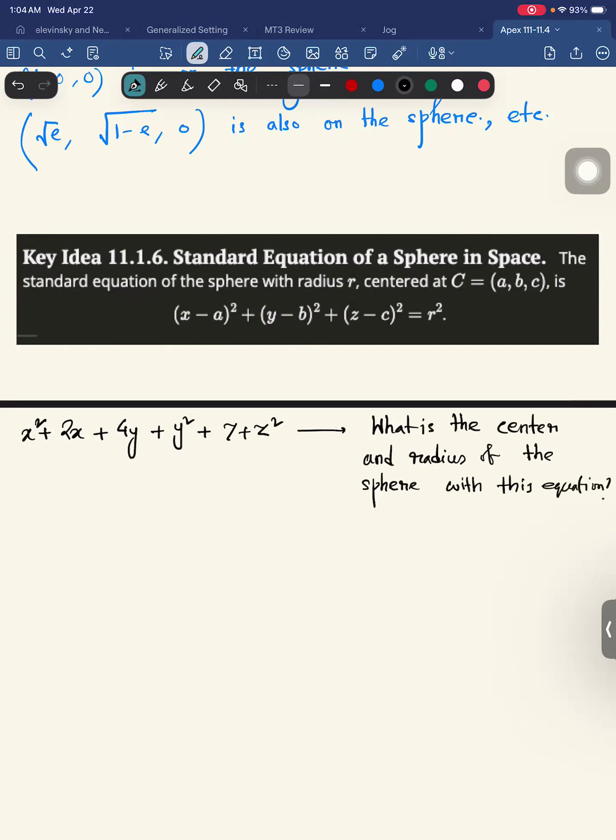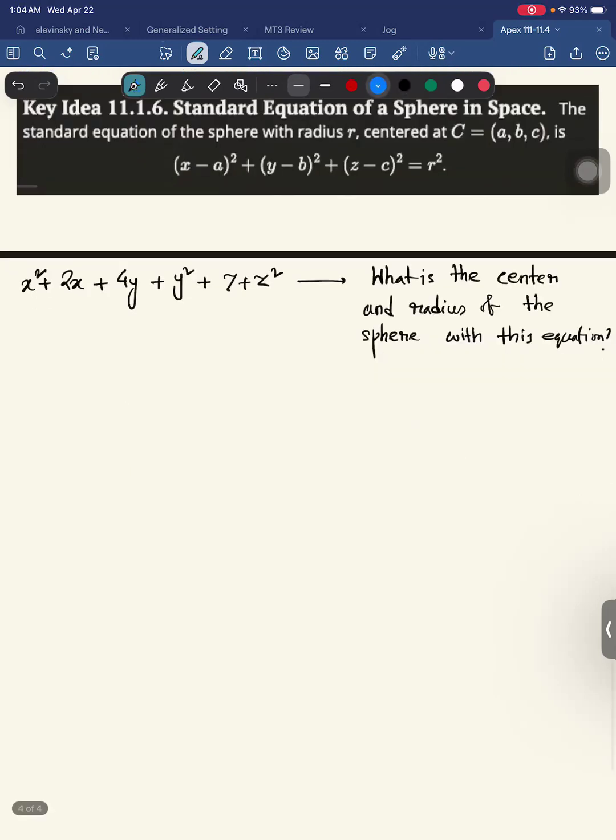You have seen similar problems in previous lectures, but for circles. So essentially try to see that this thing is equal to (x plus 1) whole squared plus (y plus 2) whole squared plus z squared equals, sorry, 0.